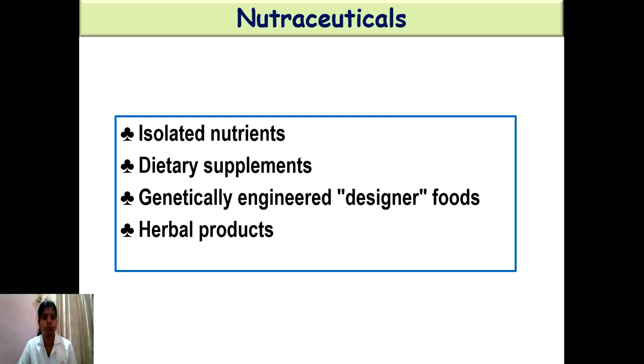Apart from that composition, they are adding DHA, extracting it from some other component. They have designed it such that the DHA will be released inside our body and act against certain diseases or improve some health benefits. That type of food we can call a genetically engineered designer food.